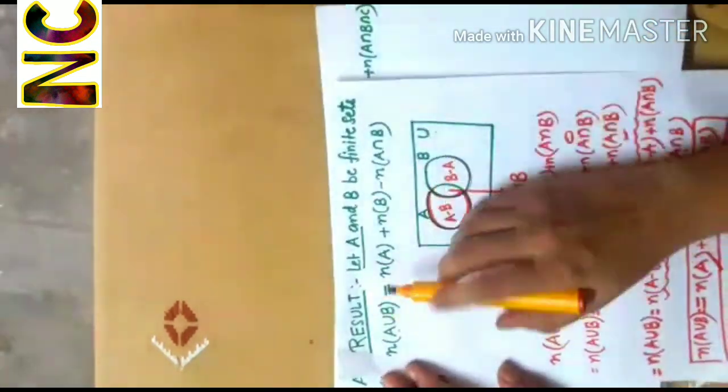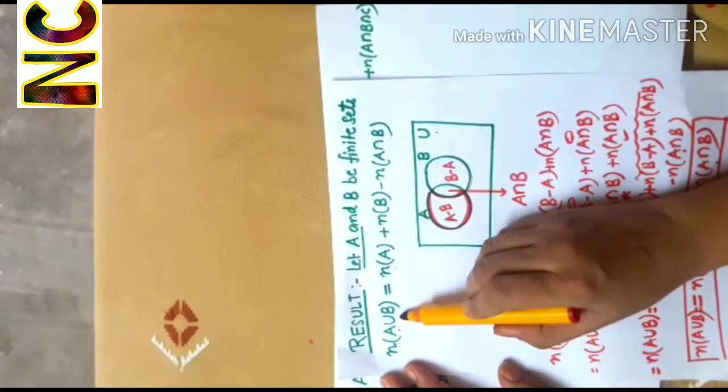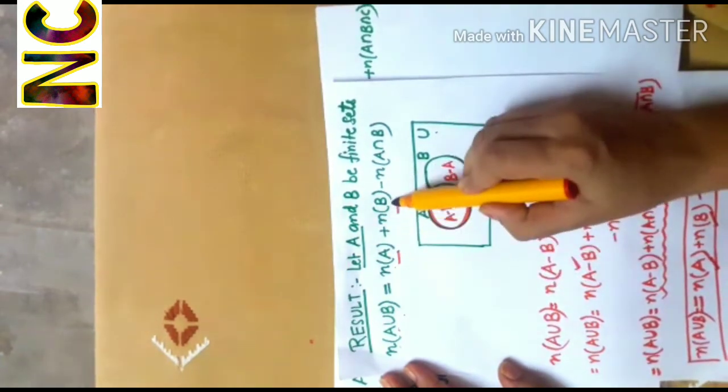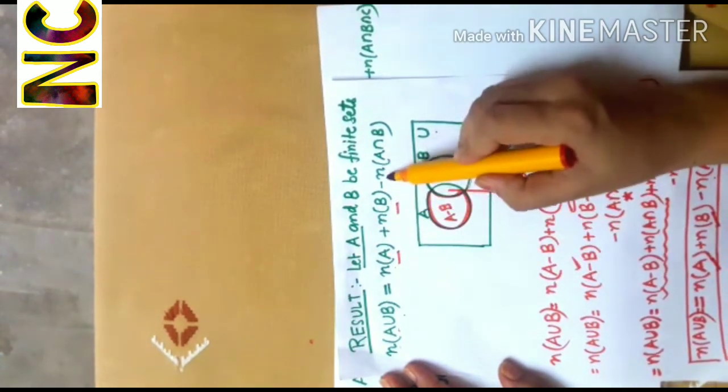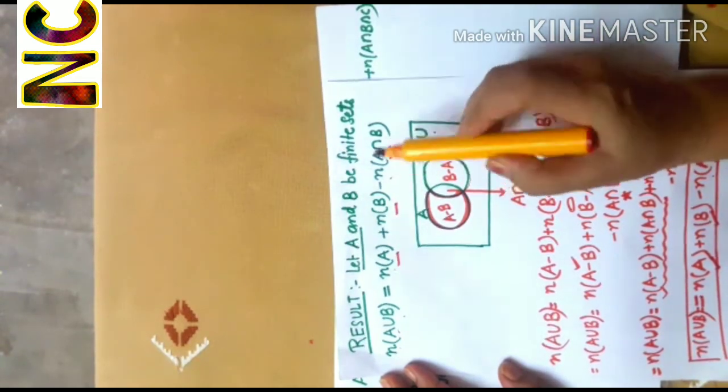So we have learned that number of elements in A union B is equal to number of elements in A plus number of elements in B minus number of elements in A intersection B.